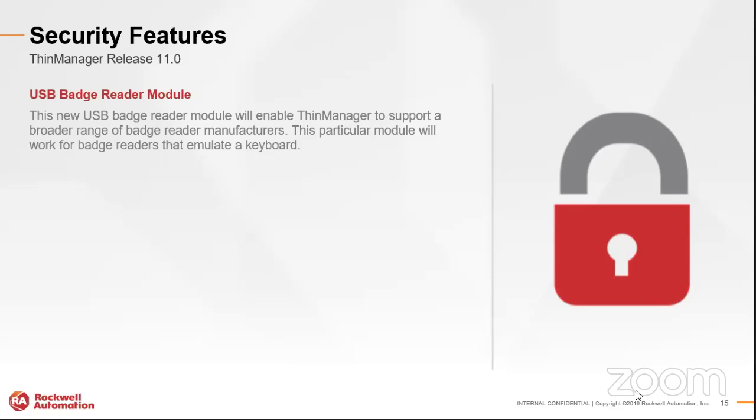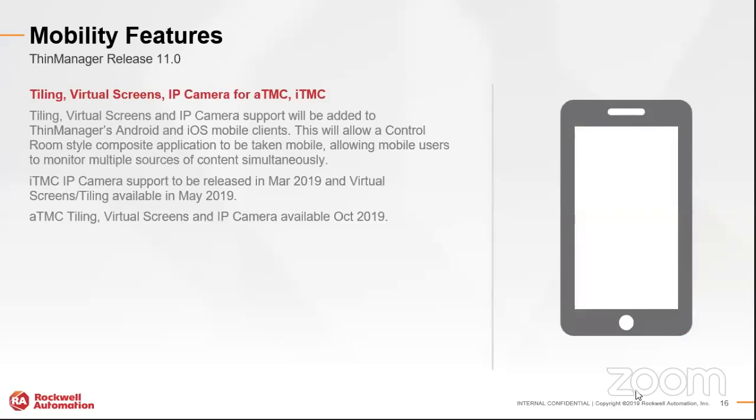So we are working with a lot of other types of badge readers, so you can use the badges that you have, and you don't have to go buy new things. That's what we're focusing on here, really expanding that from a security and hardware standpoint.